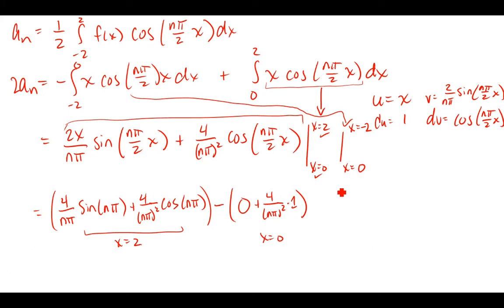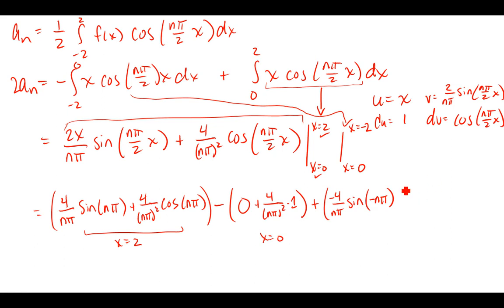Okay, moving on to the second piece. I'm just going to keep throwing this stuff together. I have another top and bottom to do. So when I plug in the top here, I do x equals -2. So of course now I would have -4 over n pi, sine of -n pi when I do x equals -2.